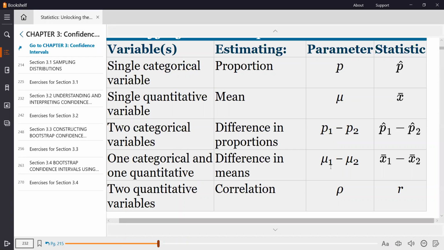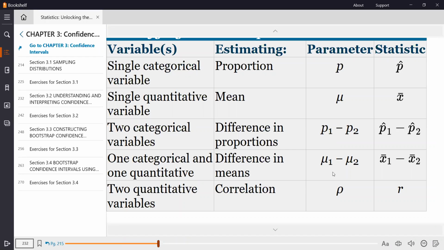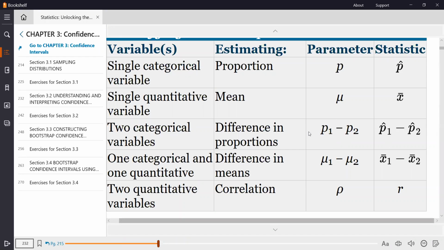We could do the same thing with means also. We could look at two different groups and see if the mean is different between the two groups. Okay, so we're going to do both of those things. And how do we estimate the difference in proportions between two groups? We look at the samples for those groups and we subtract their proportions.